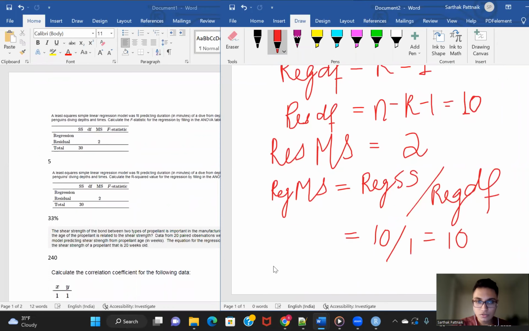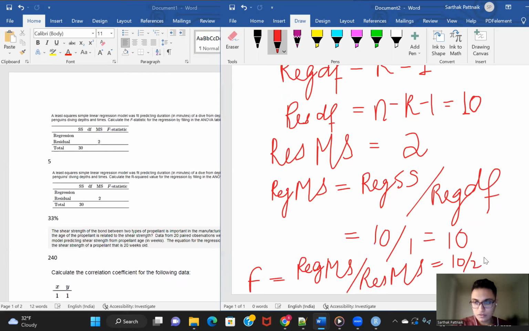Residual mean square as 2. My F statistic is equal to regression mean square upon residual mean square, which is nothing but equal to 10 by 2 is equal to 5.